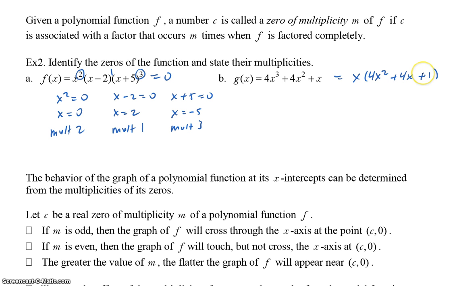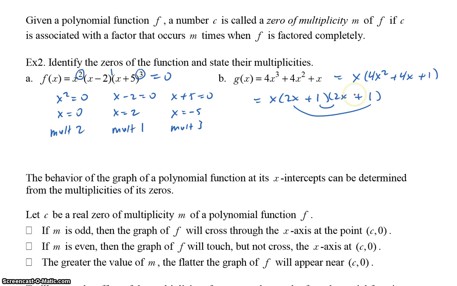And then if I factor 4x squared plus 4x plus 1, we can try 2x and 2x perhaps, and 1 and 1. If we check by FOIL, the inner and outer products, we get 2x plus 2x, that gives us 4x.